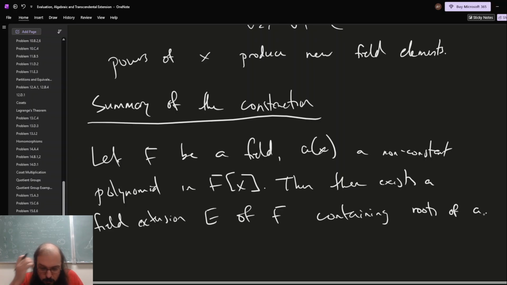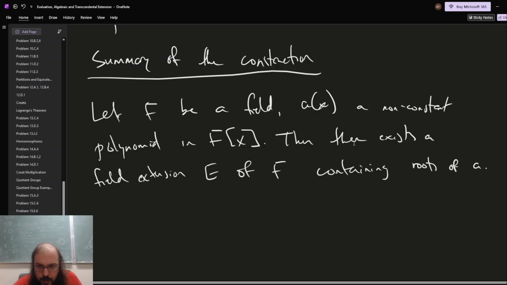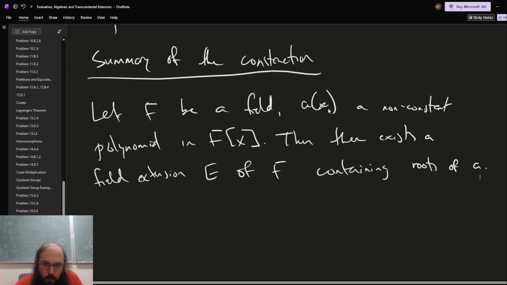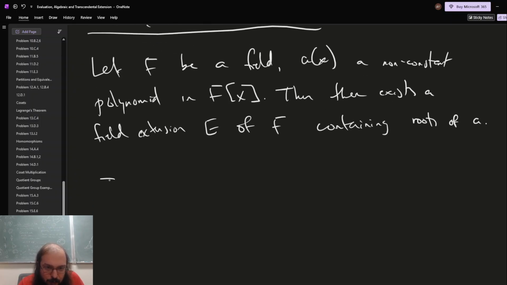Okay, there's one last remark that I need to make about this, which is that in this statement, he does not assume that A(x) is irreducible, that it's not factorizable. So if you want to extend this to the factorizable case, the situation where it's reducible, then what you have to do is find the so-called minimal polynomial of whatever the root is you're interested in.